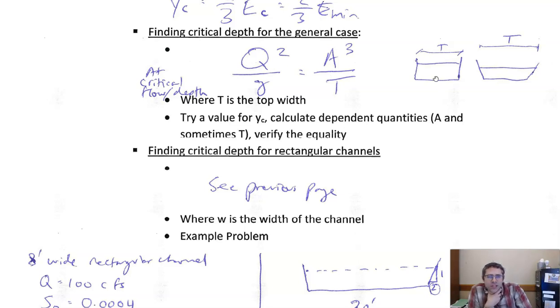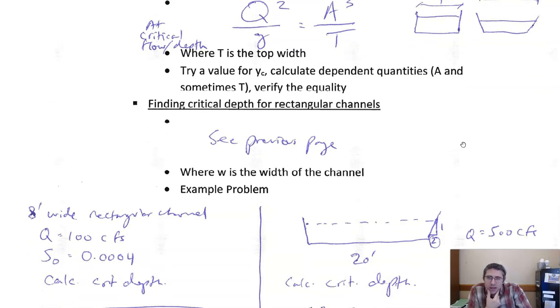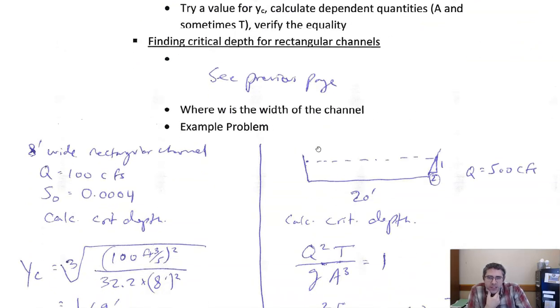In the rectangular channel case, I don't think you have to iterate, but in the trapezoidal channel case, I believe you do, once you replace A and T with formulas for the area and the top width of the trapezoid as a function of Y. Yeah, we already talked about finding critical depth for rectangular channels.